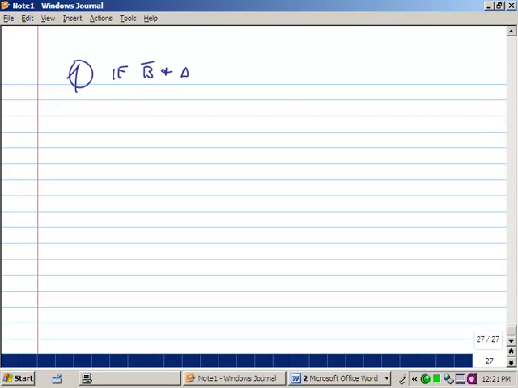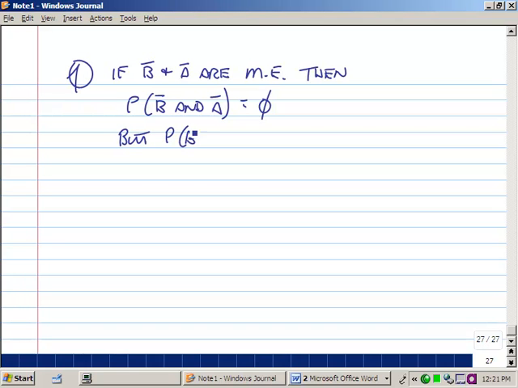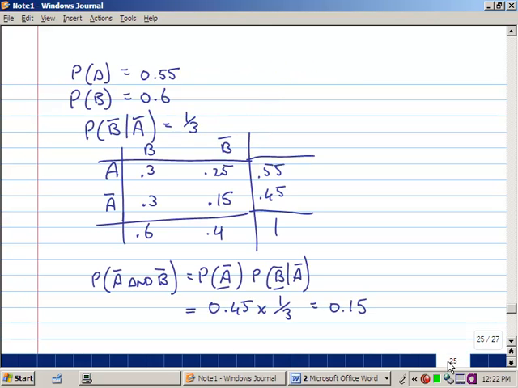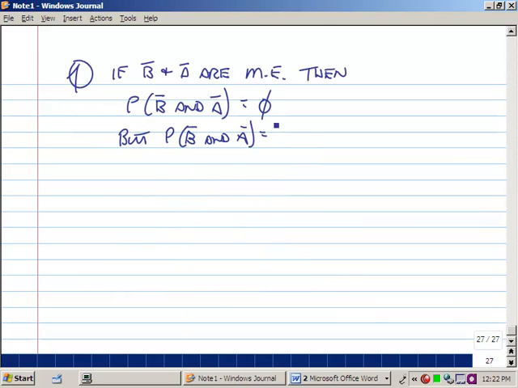If those two events, B bar and A bar, are mutually exclusive, then the probability of those two events occurring is equal to 0. But we have no such thing on our table. No zeros, that is. B bar and A bar, find the table. B bar and A bar is 0.15. Not 0. So those two events, B bar and A bar, are not mutually exclusive.